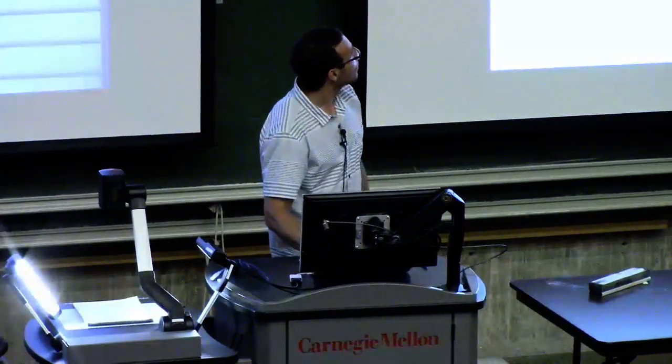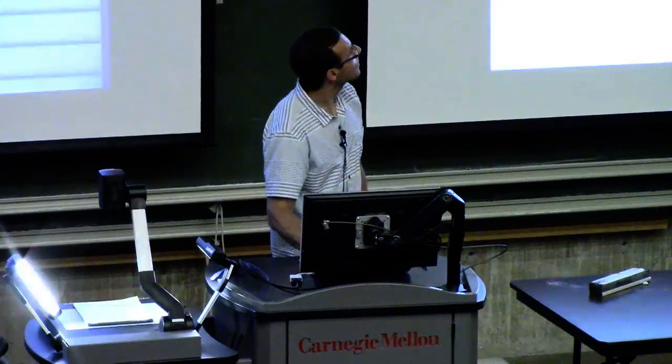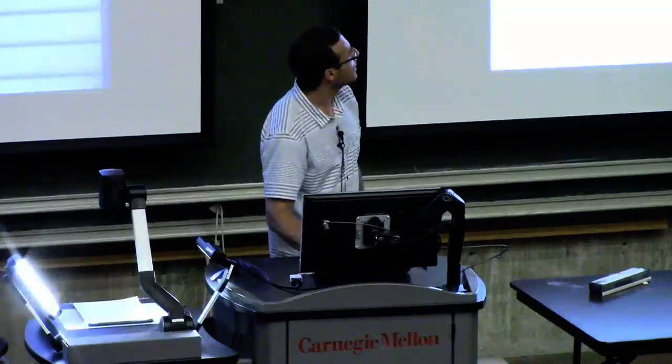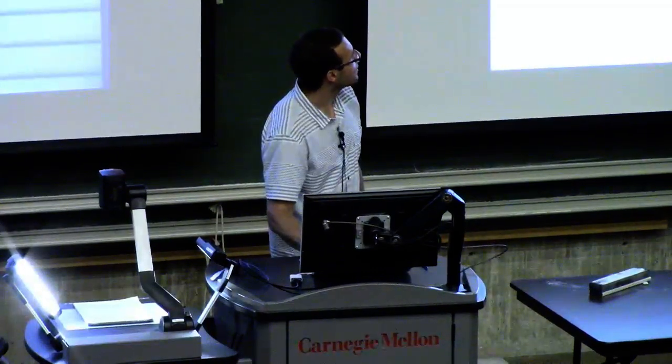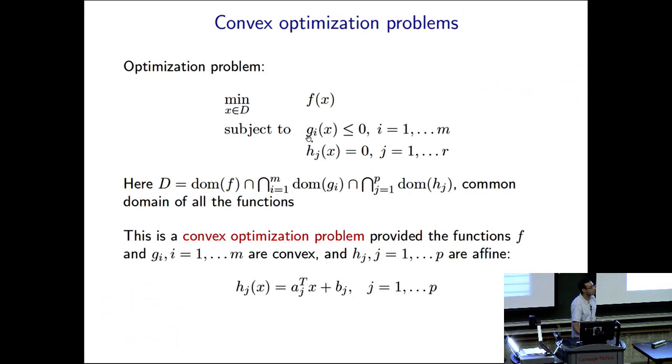I'm going to minimize over all points x in some set D the criterion f of x subject to these constraints: gi of x is less than or equal to 0 for a bunch of different i's, and hj of x is equal to 0 for a bunch of different j's. So this is just an optimization problem. There's nothing convex about this if I just write this down.